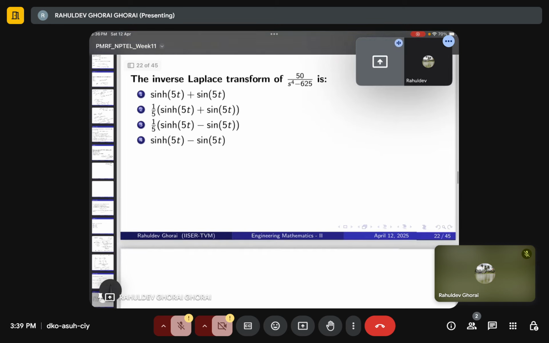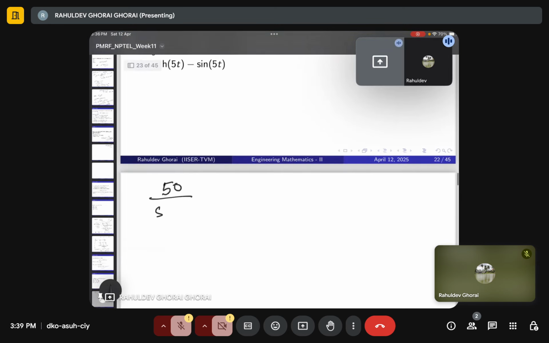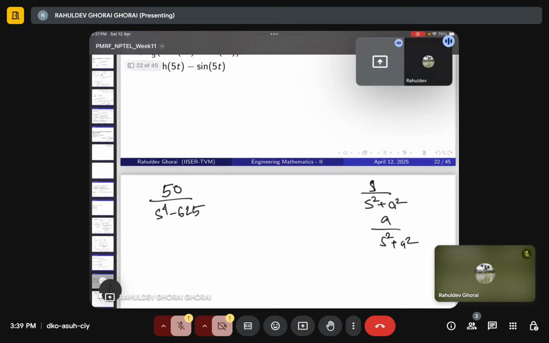So the transformation is 50 over s to the power 4 minus 625. We don't know any such thing, unless it is of the form 1 over s square plus a square, or s over s square plus a square, or a over s square plus a square. But we don't know about s to the power 4 minus this.